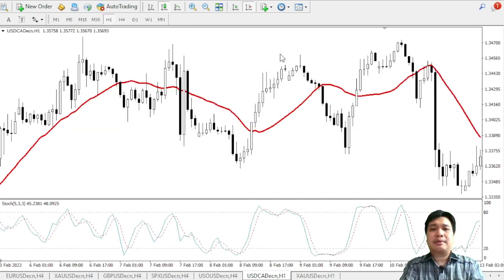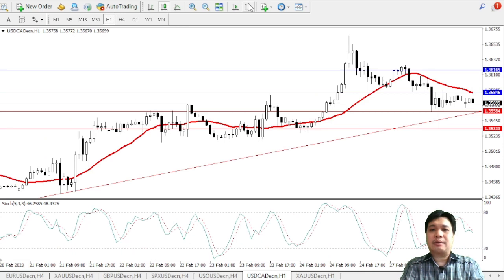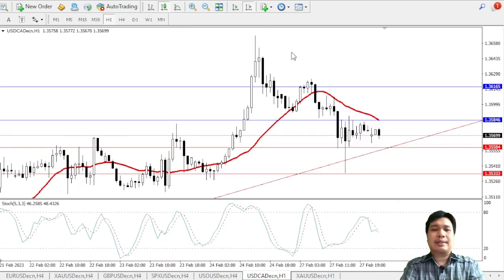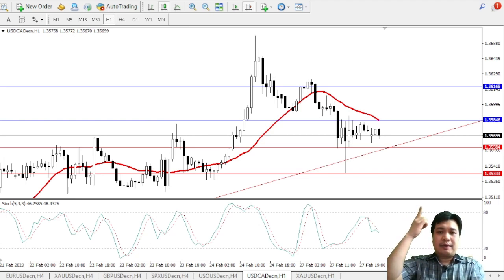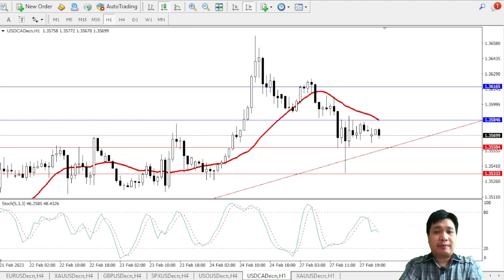From the lower time frame, the 1 hour, you can see that even though the stochastic is moving lower, it's still in the middle, meaning there's still no clear direction from the market. The price is still moving below the 20 period moving average, but the support and resistance show a quite tight range, the same as the 4 hour.